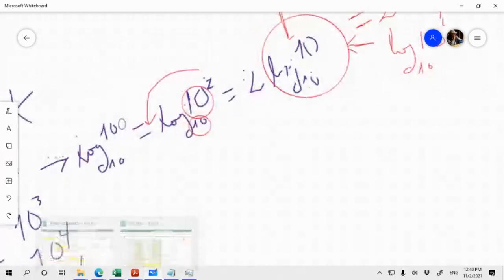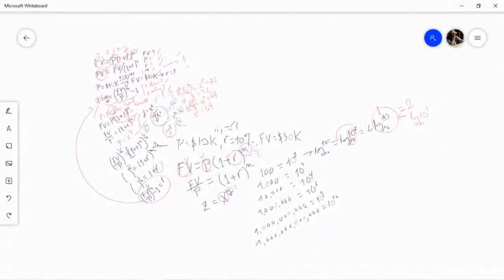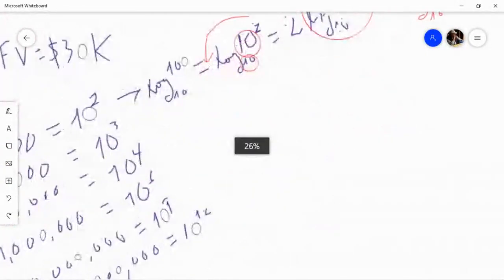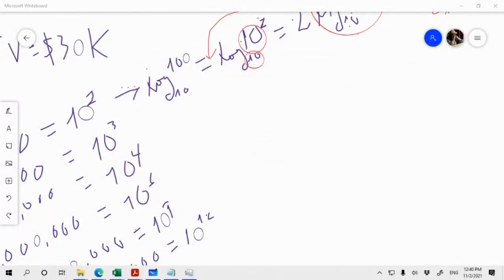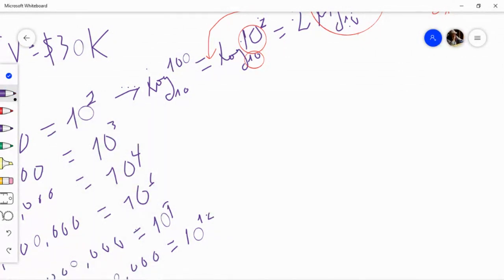So through the same process, you can do the same thing.